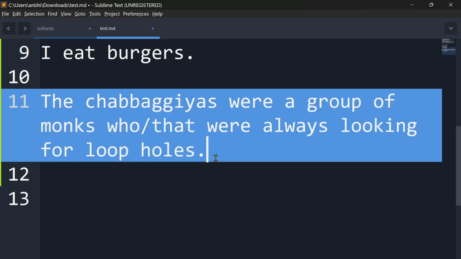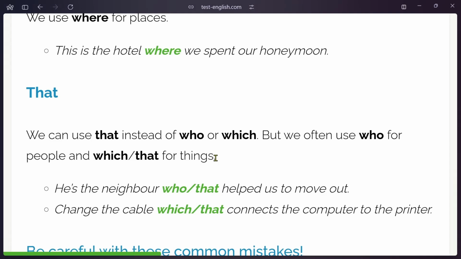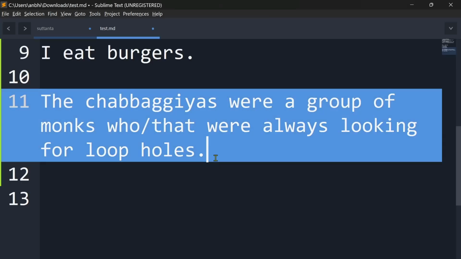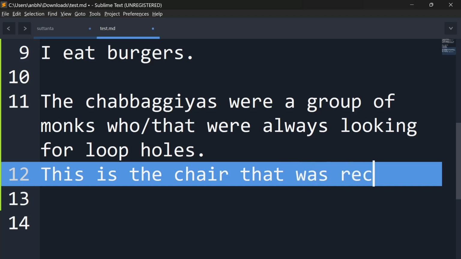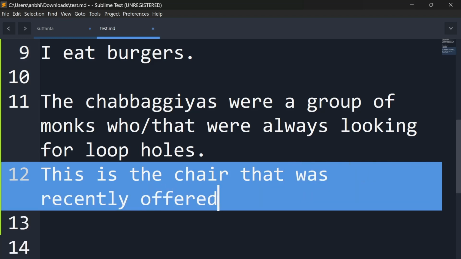If we're referring to things, for example: this is the chair that was recently offered.